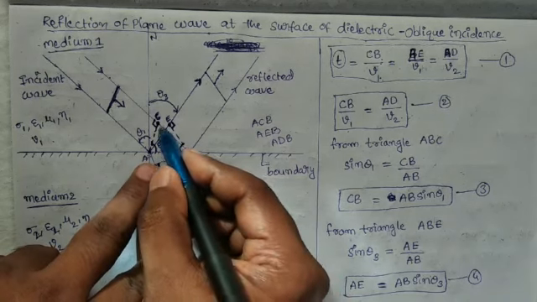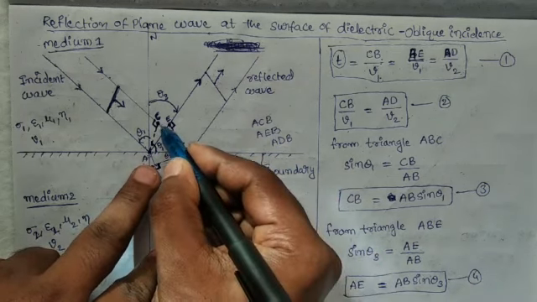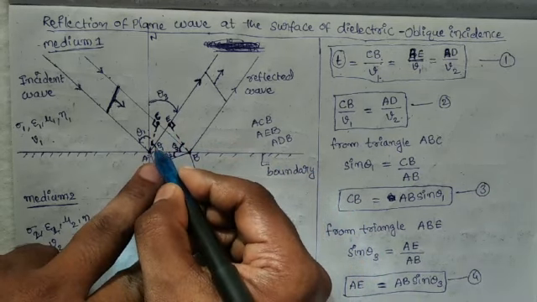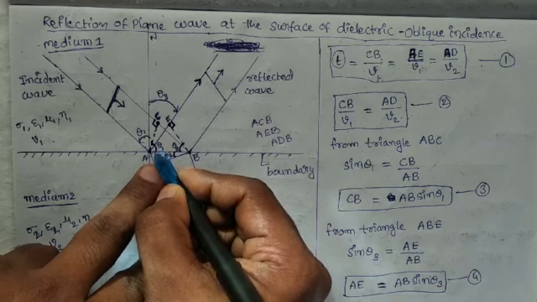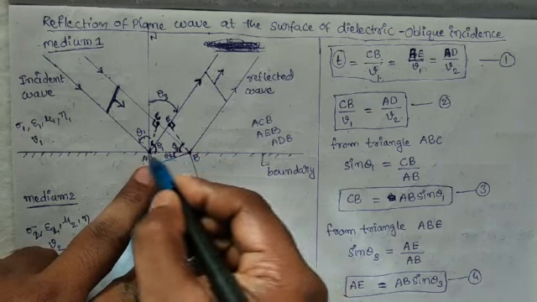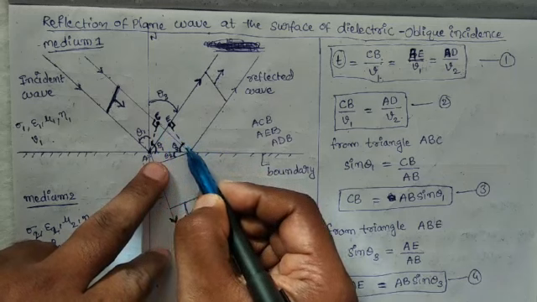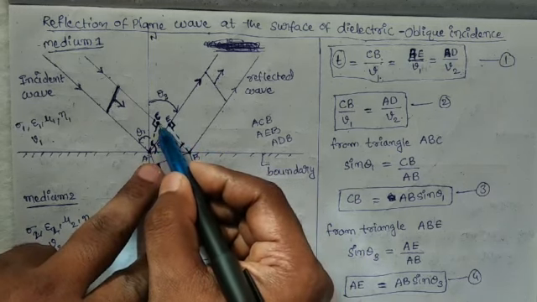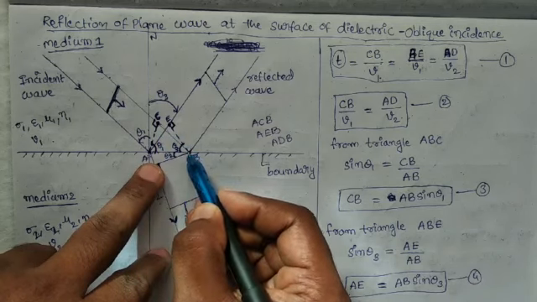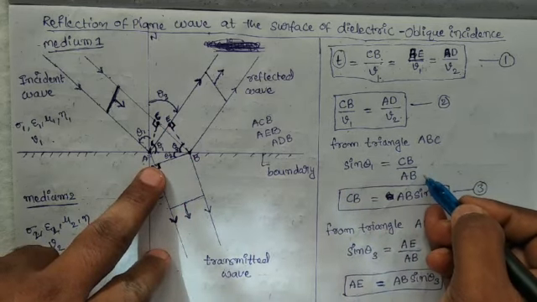The hypotenuse is AB. At A the angle is θ1 and this angle is 90 degrees. Opposite is CB, hypotenuse is AB. Here sin θ1 is equal to CB by AB.